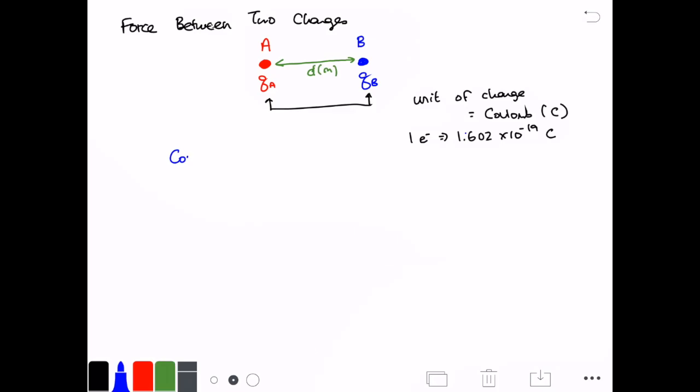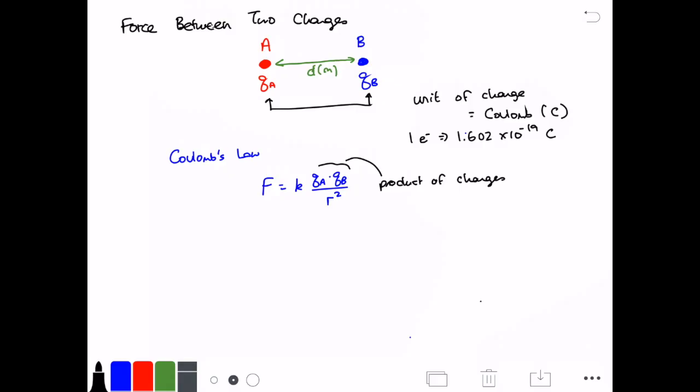Now, Coulomb's law tells us that the force between these particles is given by some constant K times QA times QB divided by R squared. So here, QA and QB is the product of the charges, divided by the distance squared.